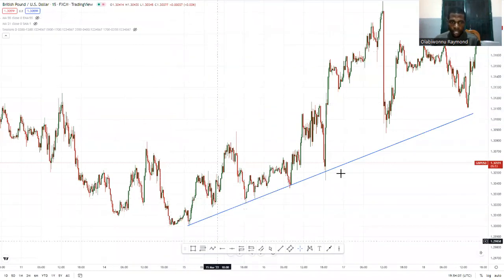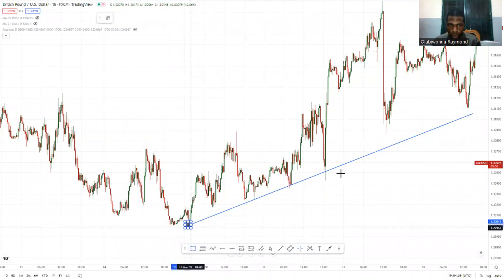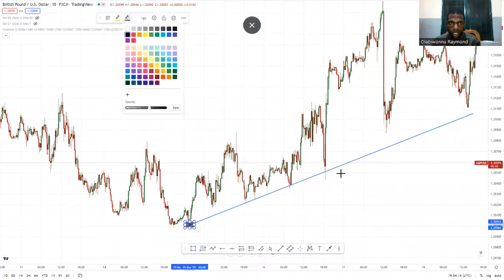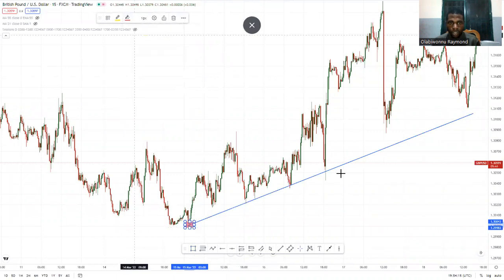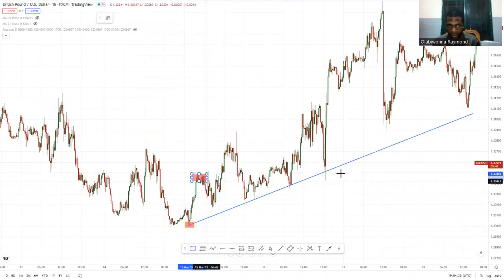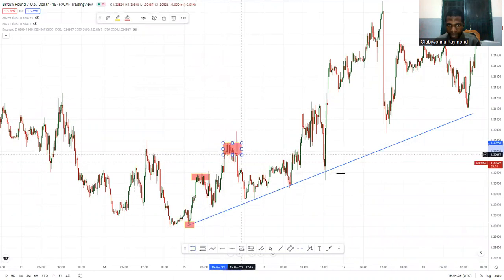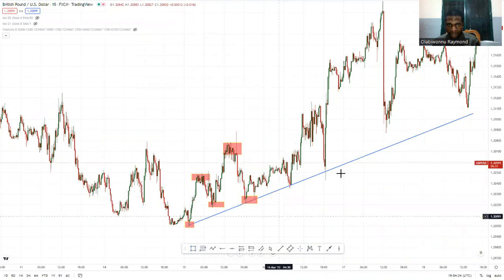So see, this is our low. Okay, let me use the previous slide. This is our low. This is our high. This is our higher high. This is our what? Higher low. This is our higher low.